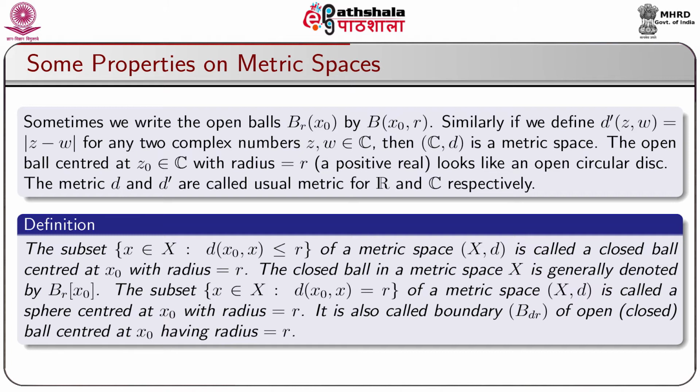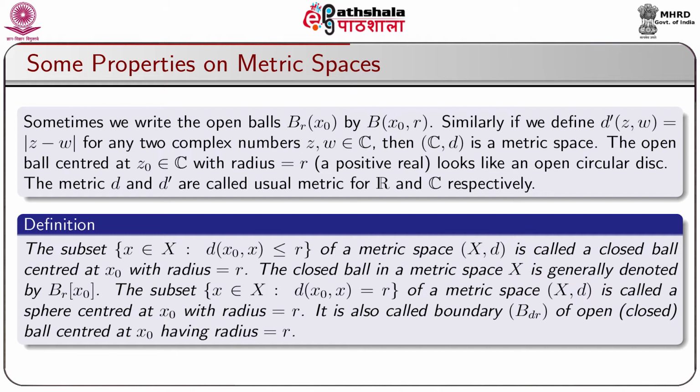Similarly, if we define d'(z, w) equal to the modulus of z minus w for any two complex numbers z, w belonging to C, then (C, d') is a metric space.